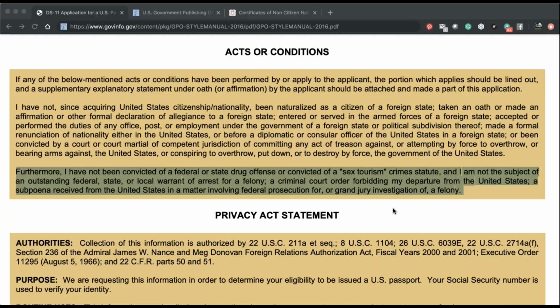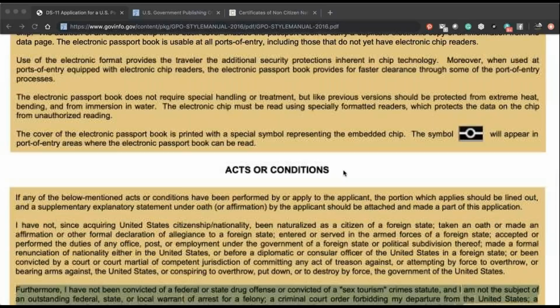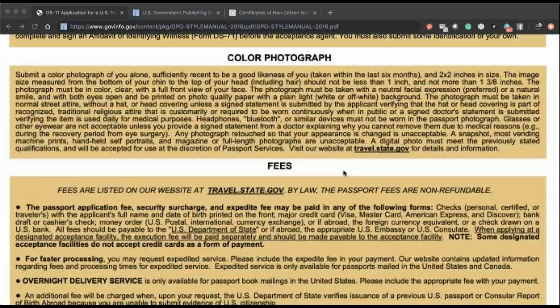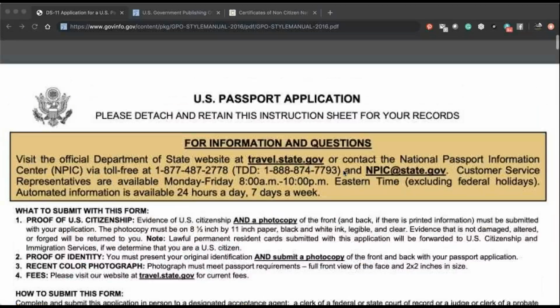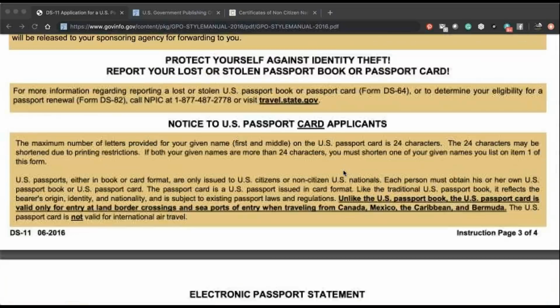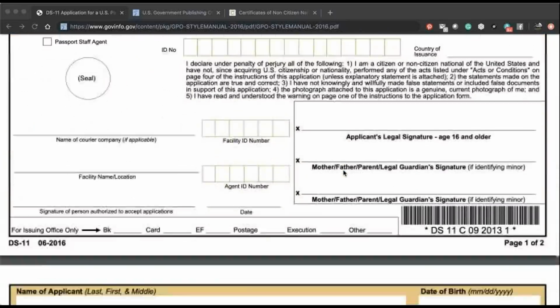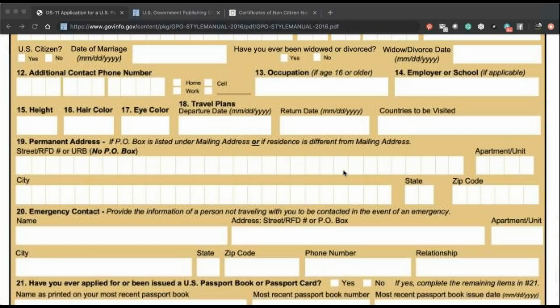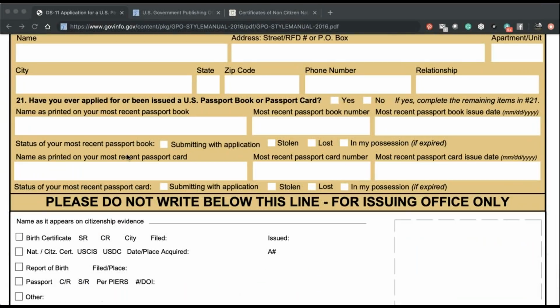Because they're going to ask you on the application. Let me show you, better than talking about it. On the application itself, it's going to ask you, have you ever had a passport before? Right here: have you ever applied for or been issued a U.S. passport book or passport card?